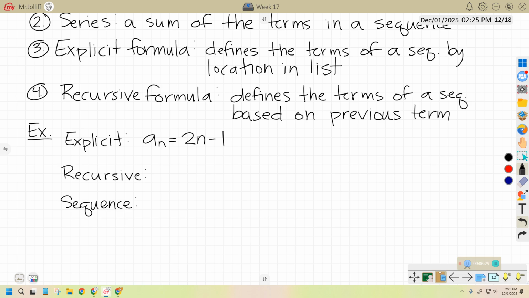The recursive formula for that same sequence is a sub 1 equals 1, and a sub n equals a sub n minus 1 plus 2.